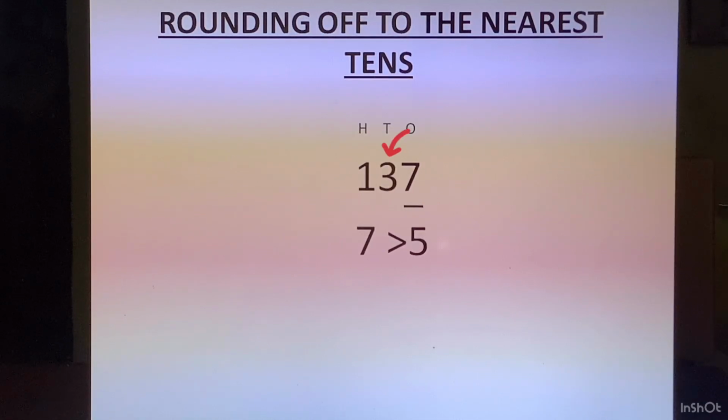So we will change the digit at the tens place and increase it by 1. So at the tens place we have 3. We will increase this by 1 and make it 4. And everything on the right of this, that is we have only one digit here, 7, we will convert into 0. So the number that we'll get is 140.